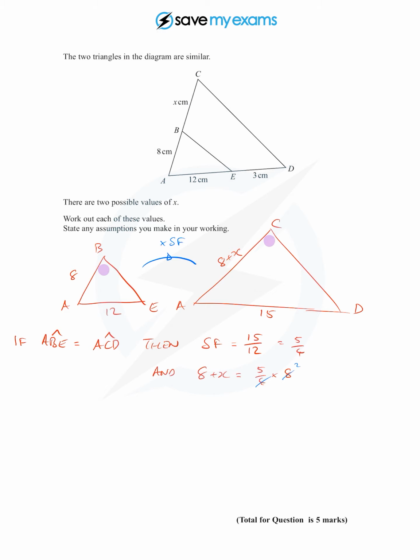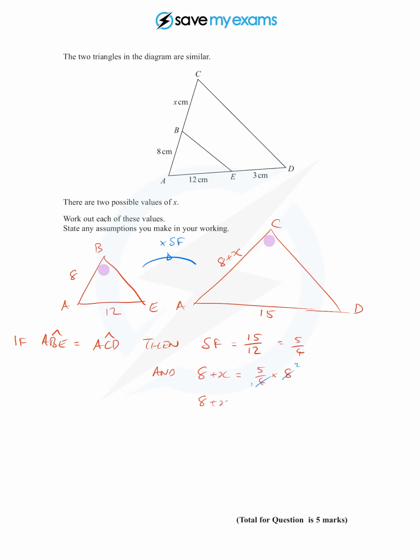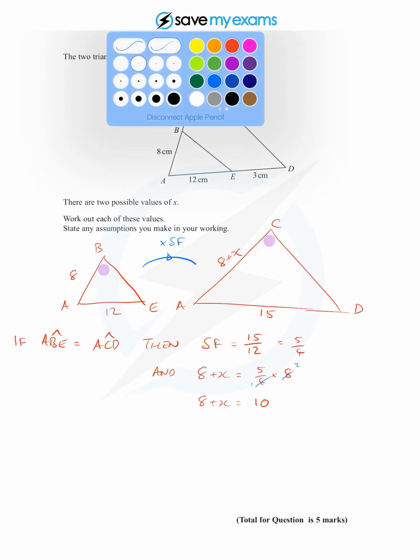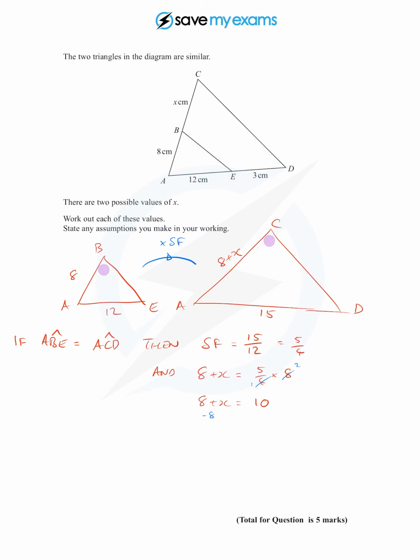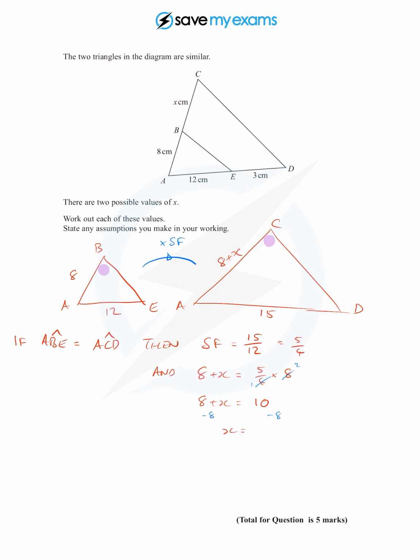The 8 over the 4 gives me 2 over 1. And so 8 plus X is equal to, well, I've just got 5 times 2 over 1, which is 10 on the right. And subtracting 8 from both sides gives me X equals 2. So there's one possibility.